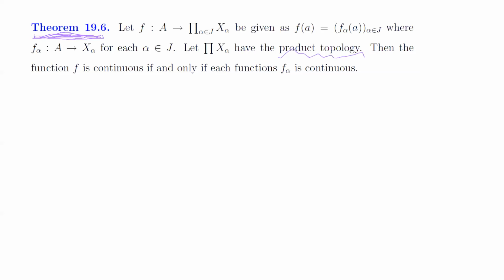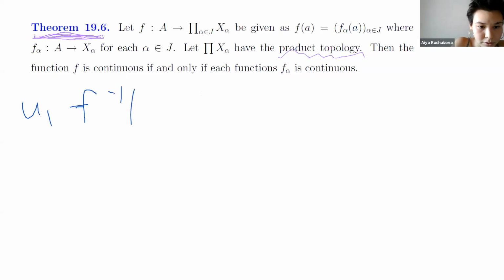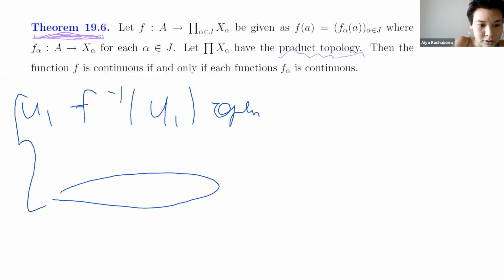Do you have any idea how to prove the other direction? Well, I guess it's actually the same, because if you have that for any open set U1, f minus 1 of U1 is also open, and this happens for all alphas, then nothing stops you from putting them into a cross product.